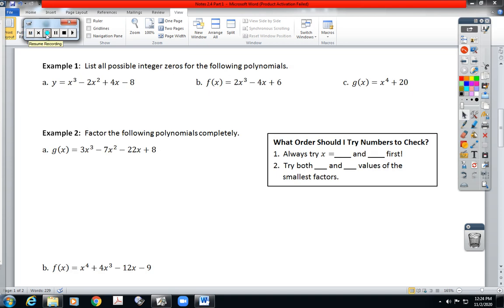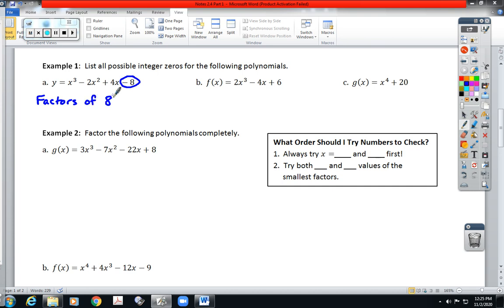So example 1 on your notes says, please list all the possible integer zeros for the following polynomials. This is a relatively simple thing to do. First we say, what is the constant term in letter A? -8. Okay. So if -8 is the constant term, we would simply list the factors of 8.